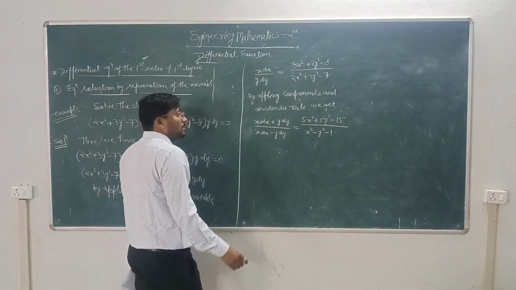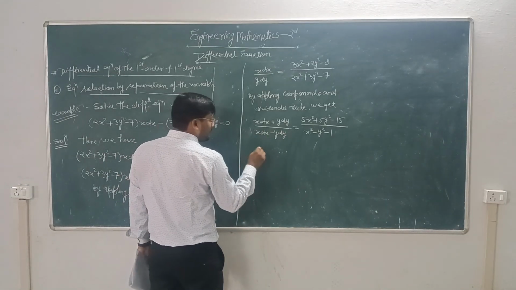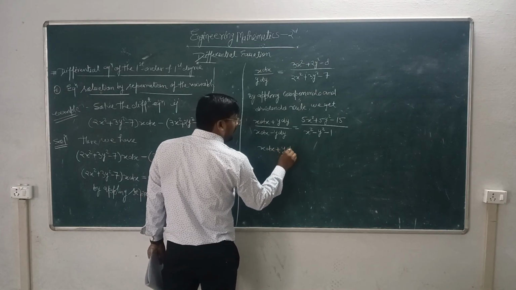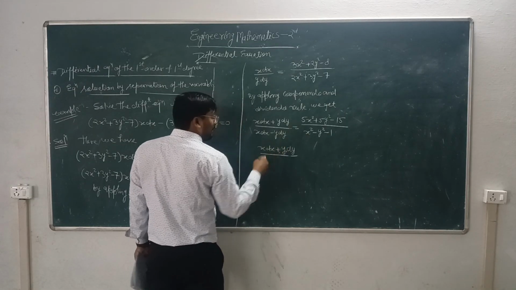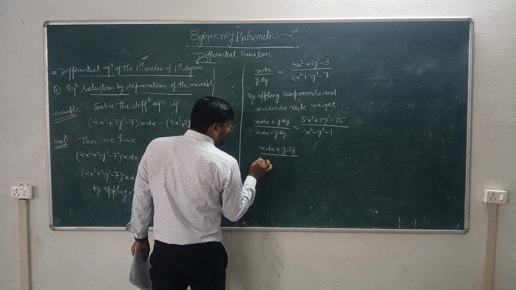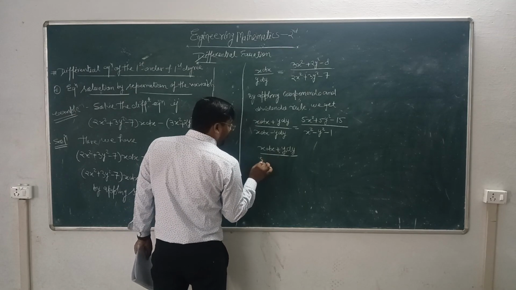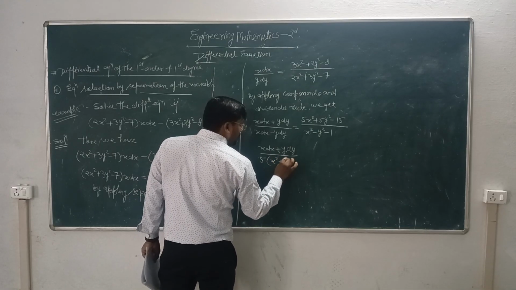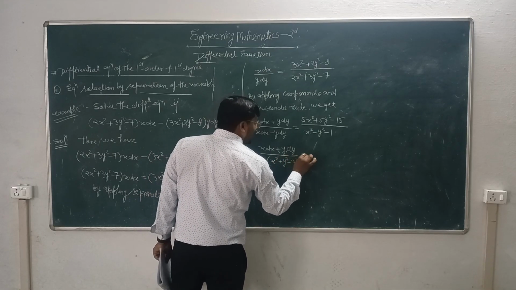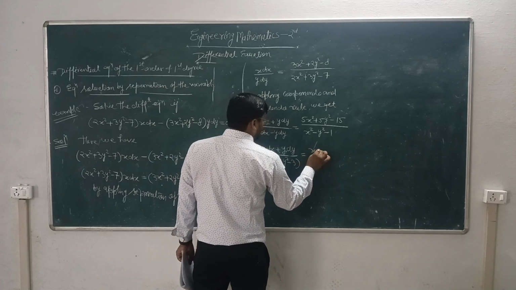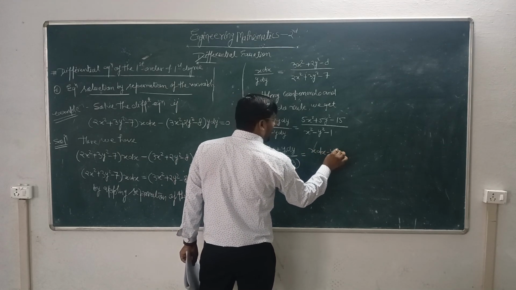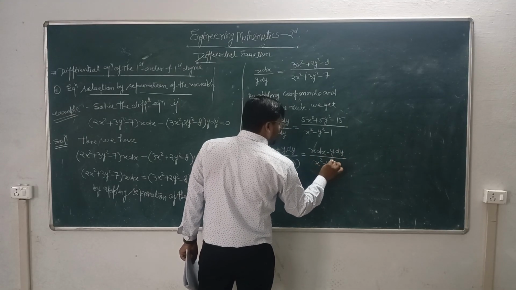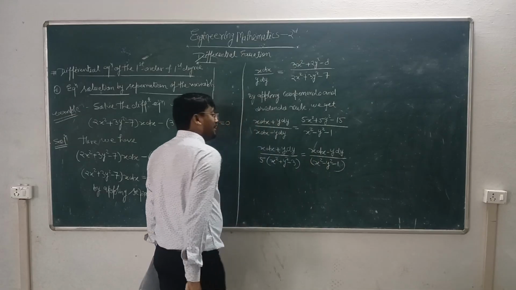Now, you can write (x dx + y dy) upon 5(x square + y square - 3) is equal to (x dx - y dy) upon (x square - y square - 1).